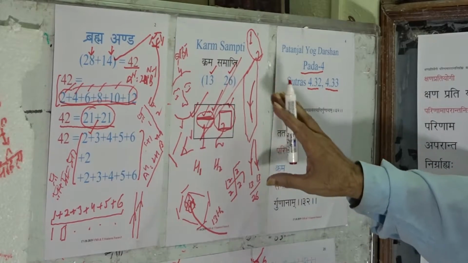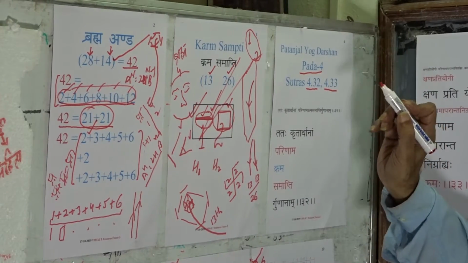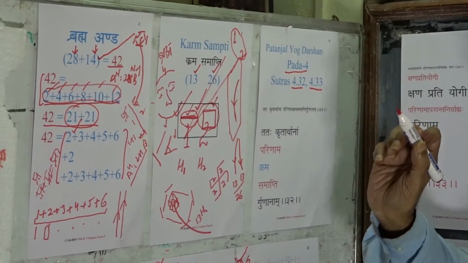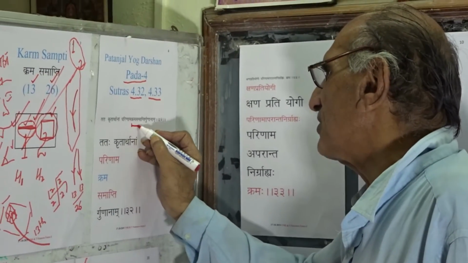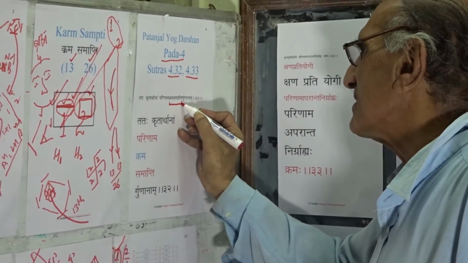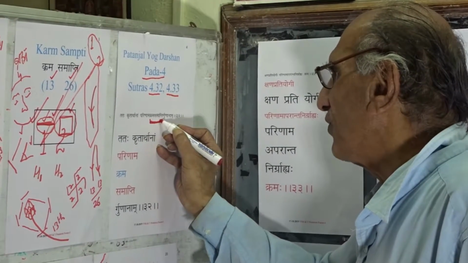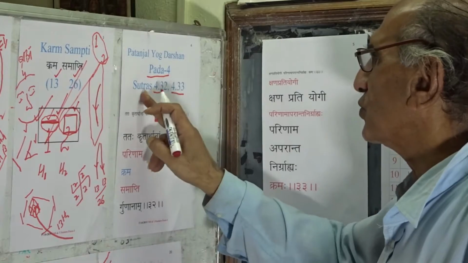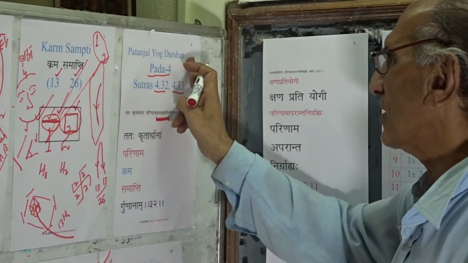Now values, features and format of the formulation Kram Samapti. First of all, let us see that this term Kram Samapti is part of the text of Sutra 4.32 of Patanjali Yoga Darshan.